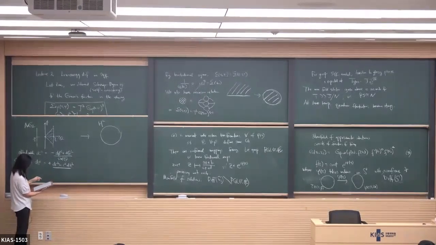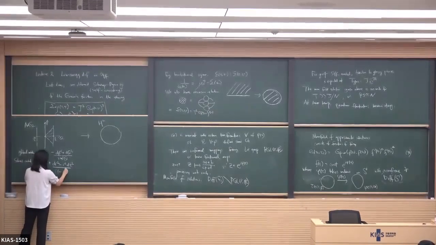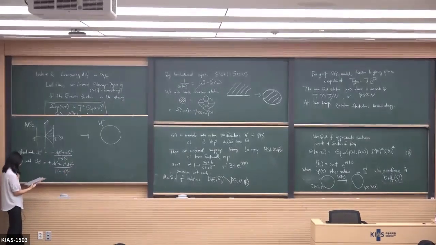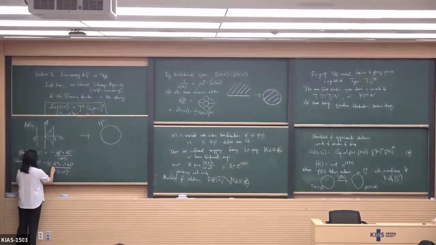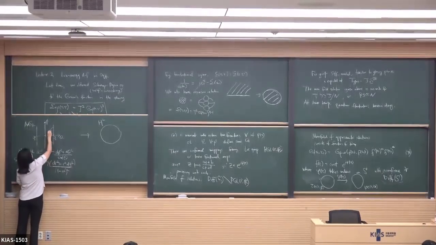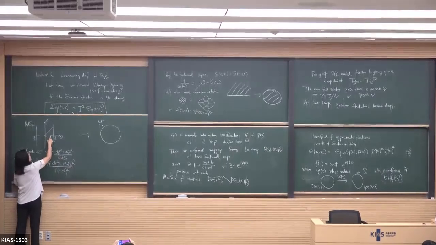Sorry, 1 minus r squared to the square. So let me just take out a factor of 4 here. So these are coordinates that cover this patch. So the radial coordinate goes out like this.